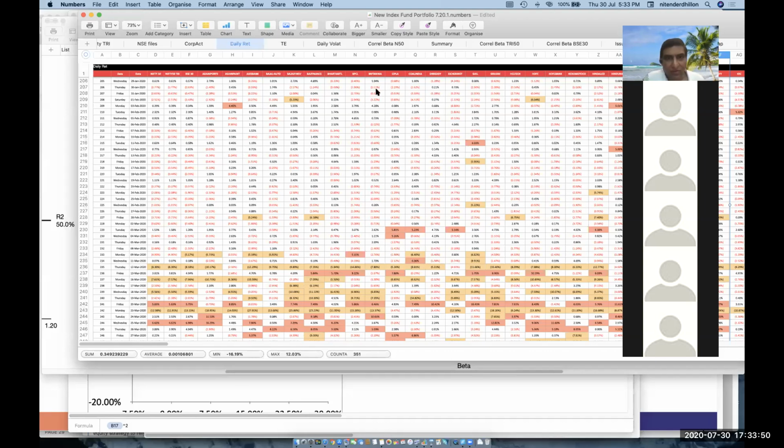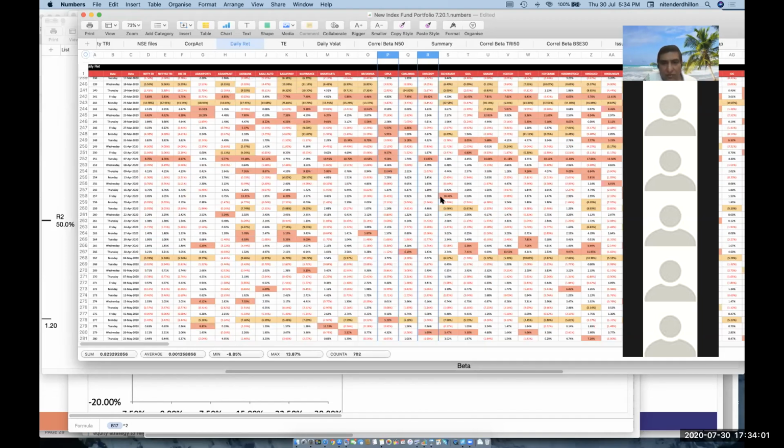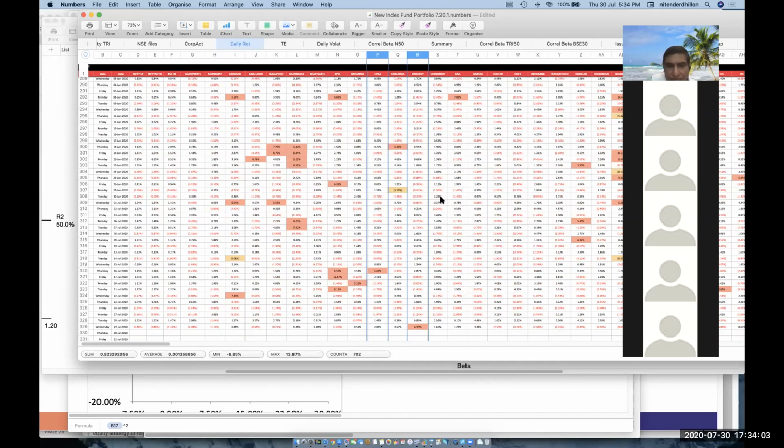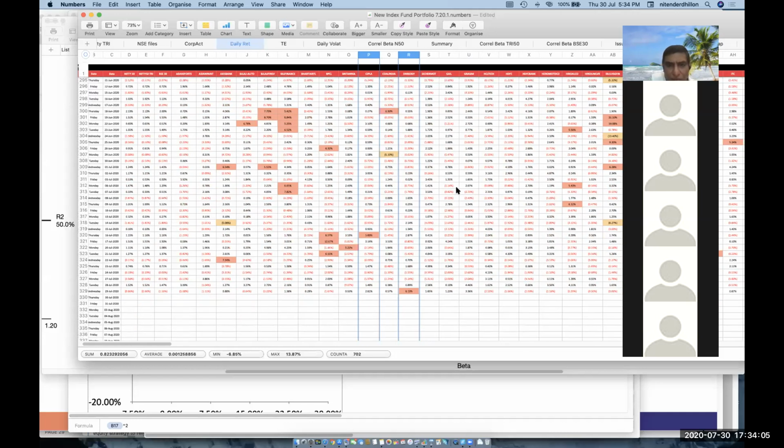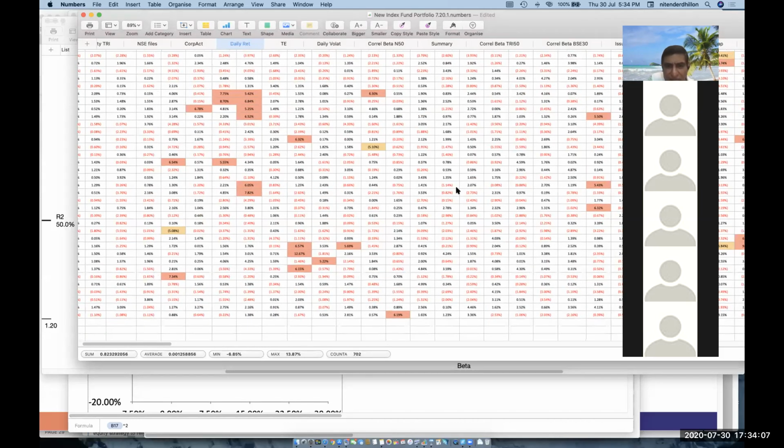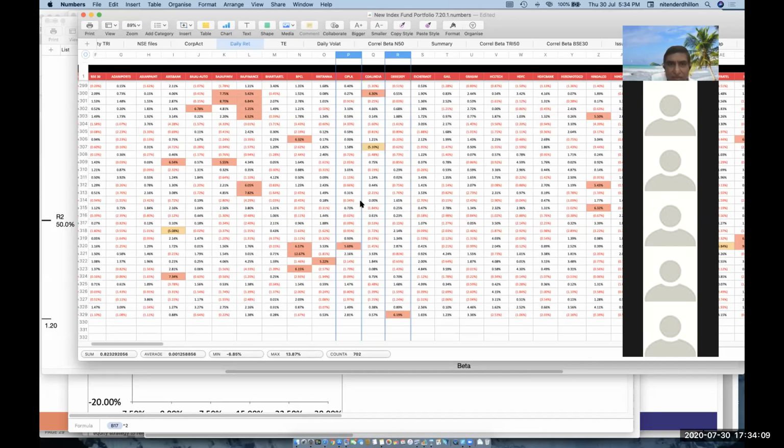But if you take a look at the pharma stocks, Cipla and DRL, these two guys, the red is much less. Sir, can you zoom a little? I just want to see the red color, not the numbers.